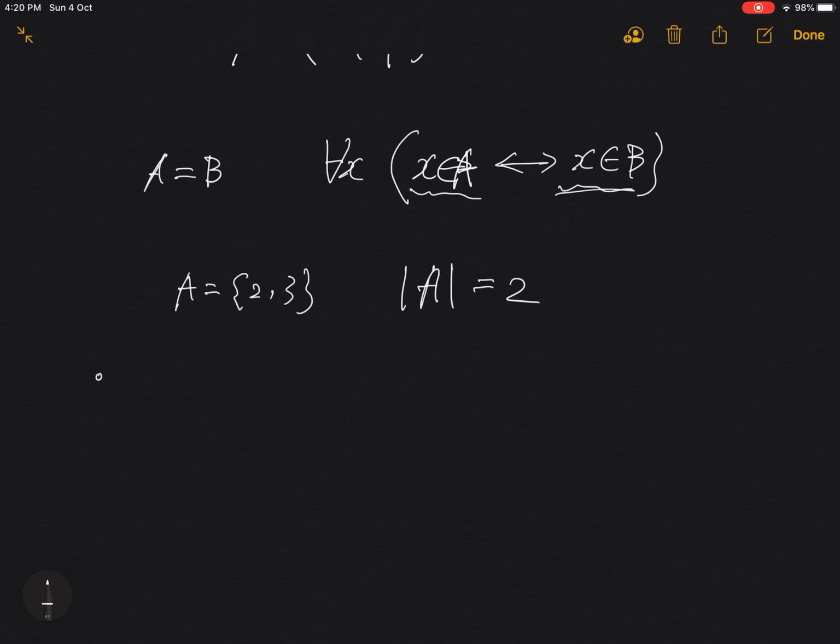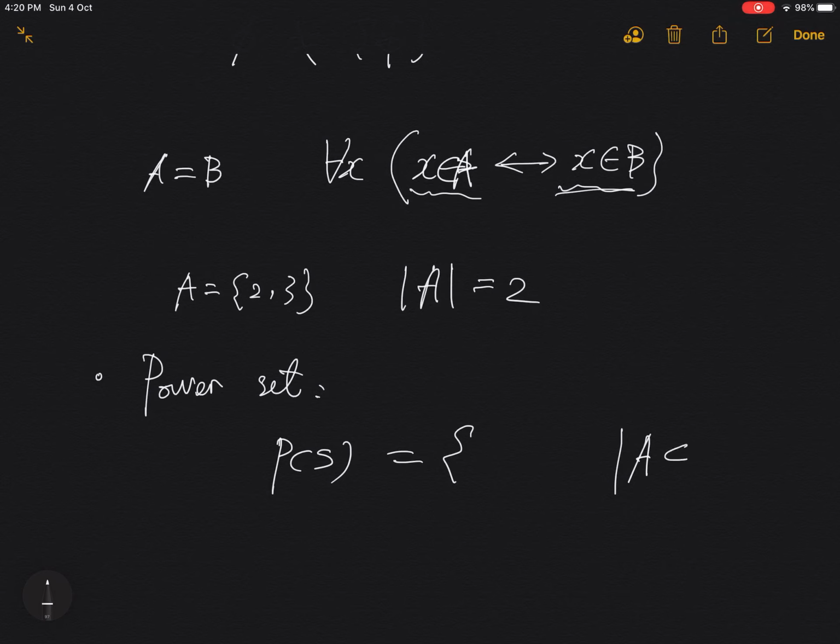Then we come to the important definition. Power set. Okay. What's a power set? A power set P of S is a set of all subsets of S. If A is a subset of S, and then we collect all the A to be a set.